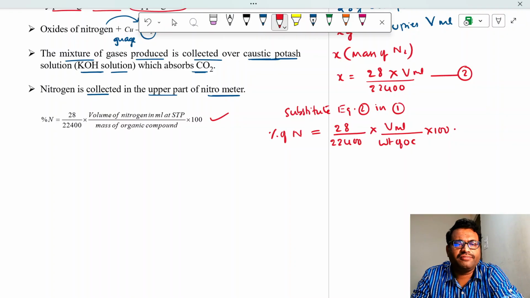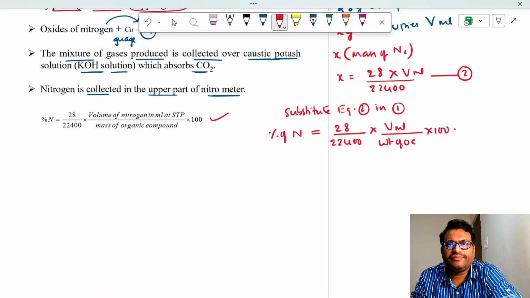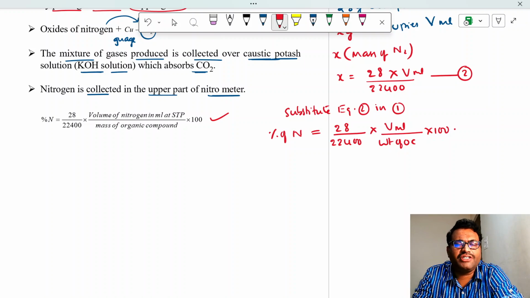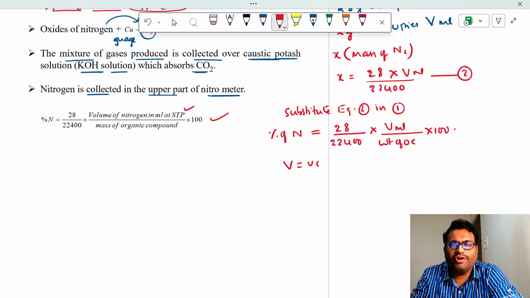So this is the formula. What is V ml? Volume of nitrogen gas in ml at STP conditions.